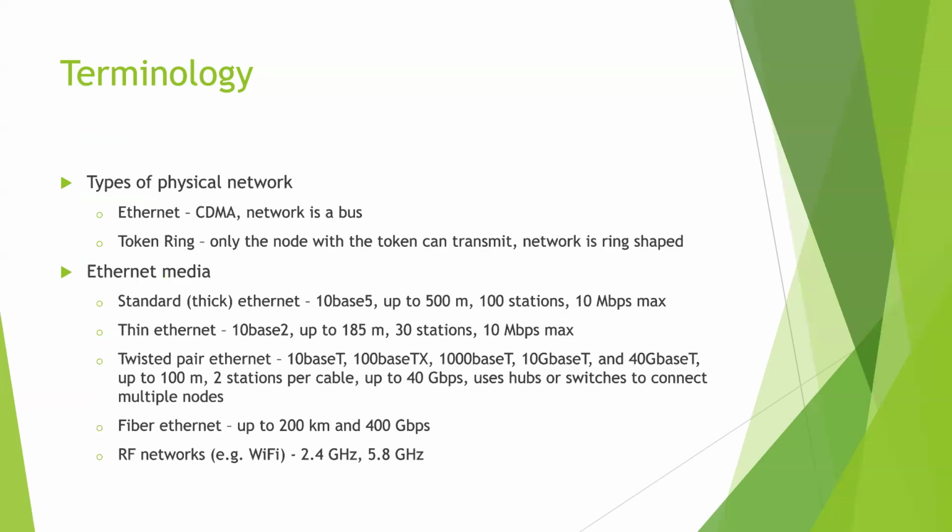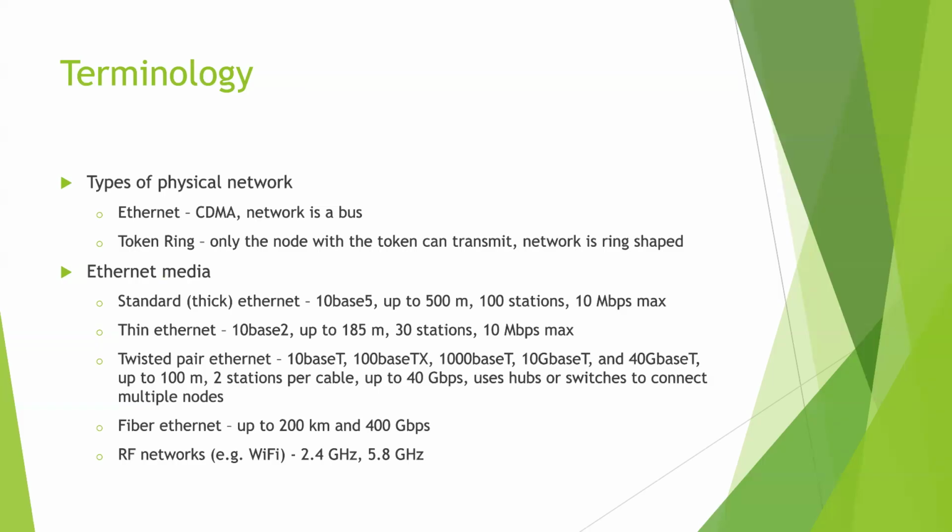Okay. So there's a few different types of physical network. You've got Ethernet. Ethernet is CSMA, which is carrier sense, multiple access with collision detection. Basically, the network looks like a bus. It's like a single piece of wire. You can have multiple nodes on that wire, and those nodes have to share access to that wire. So if a node wants to transmit, it looks at the wire first to see if anybody's already transmitting.